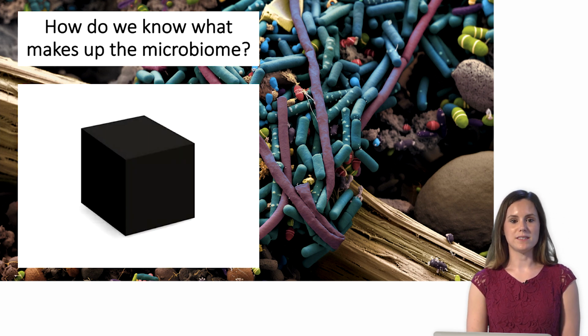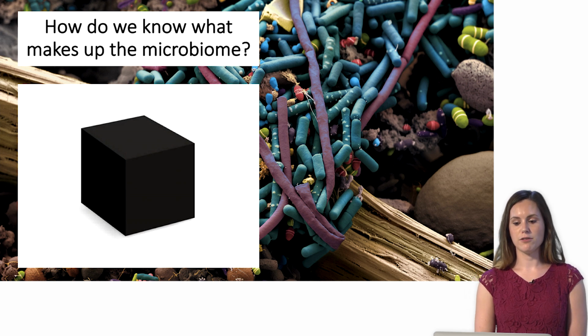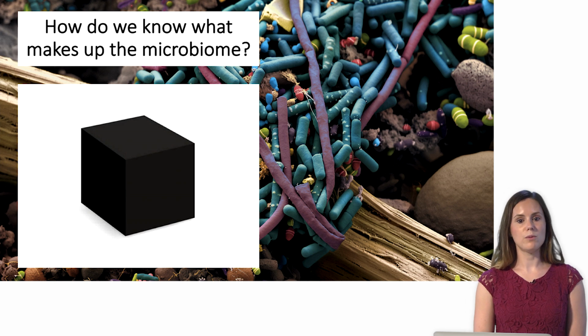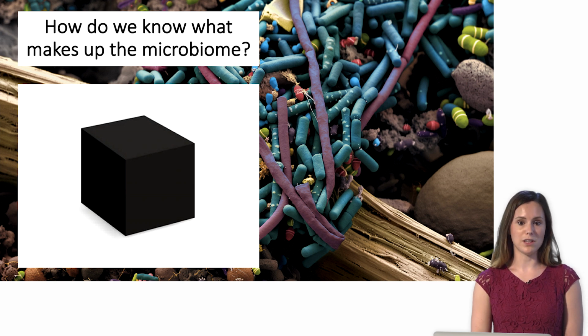So how do we know what makes up the microbiome? Obviously, we cannot see these bugs with our eyes. And for a very long time, the microbiome was viewed as this sort of black box. We knew that we put food in, and we knew that there were communities living within us, but we didn't understand which bacteria were living within us. Partly this was because for a long time, we couldn't grow the bacteria in a petri dish.